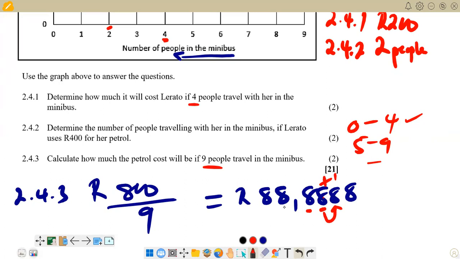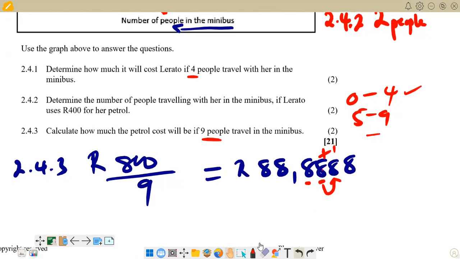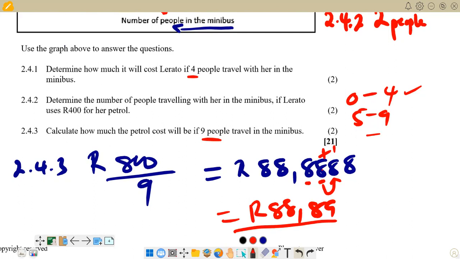So the final answer now becomes 88.89. This one is checked. So this is what we have in terms of rounding off, and this is the last part of the question, which is 2.4.3.